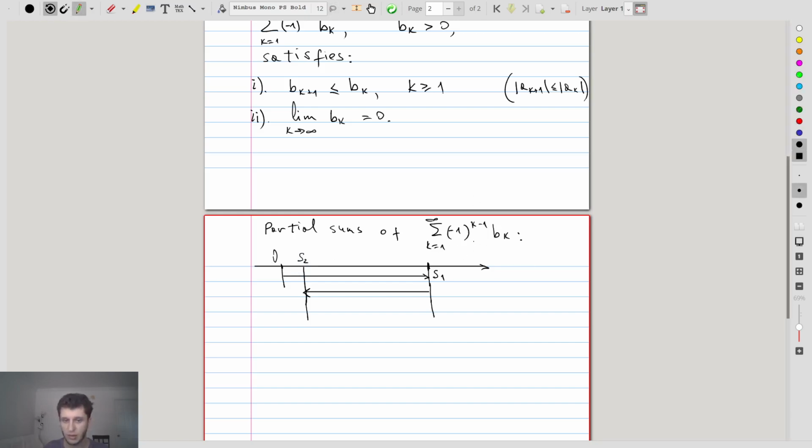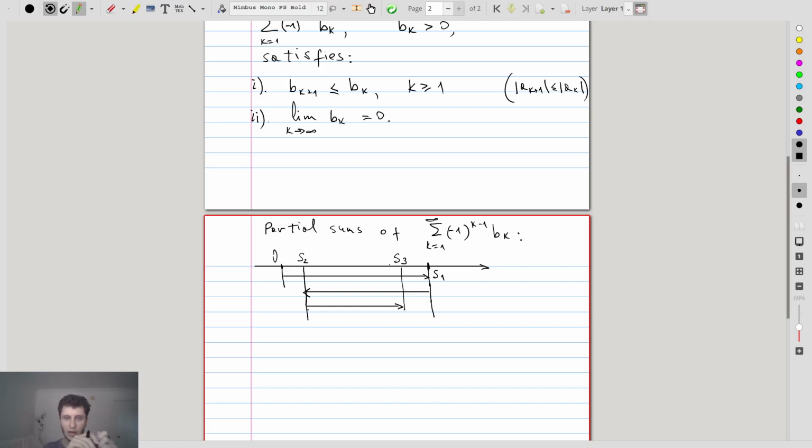The third term is positive, but it's shorter. So notice that I'm drawing a shorter arrow than I do in the second step. So now this arrow will end up maybe over here, right? And this will be the value S3 of the third partial sum. So first I go right, then I go left, then I go right again, and that's my S3.